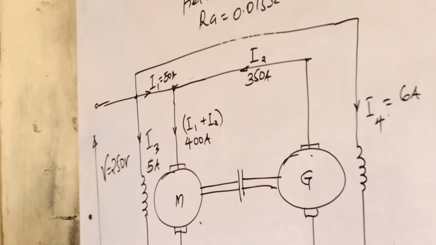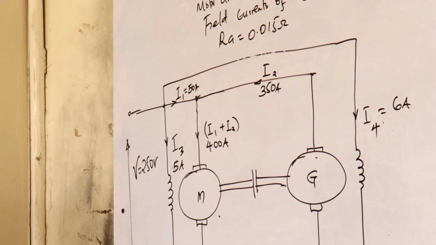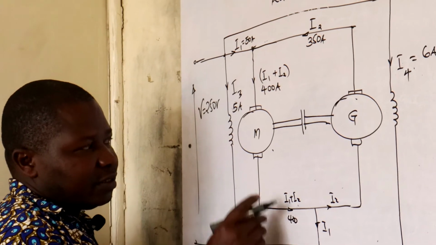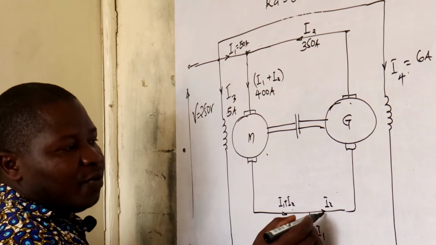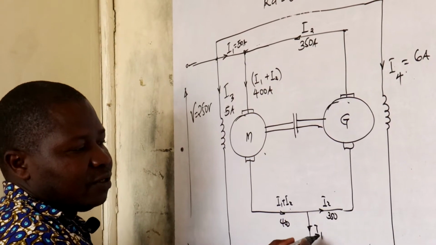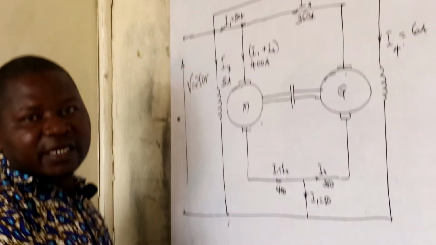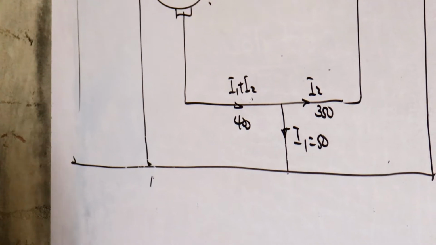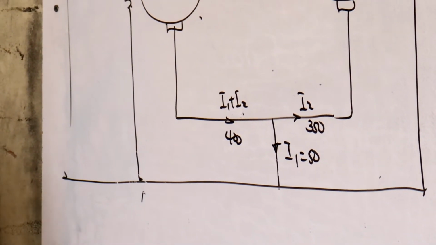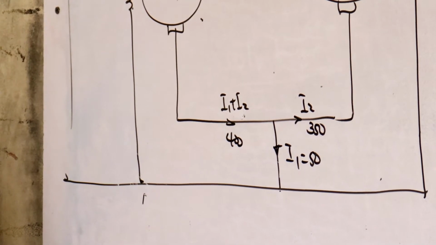We have to locate that current. Here is 400 coming, and 50 is coming down because it's the supply. So draw that circuit.